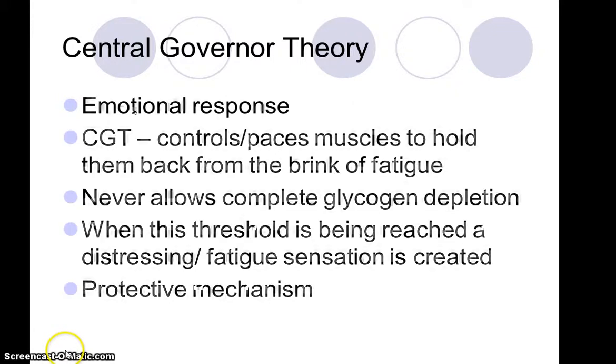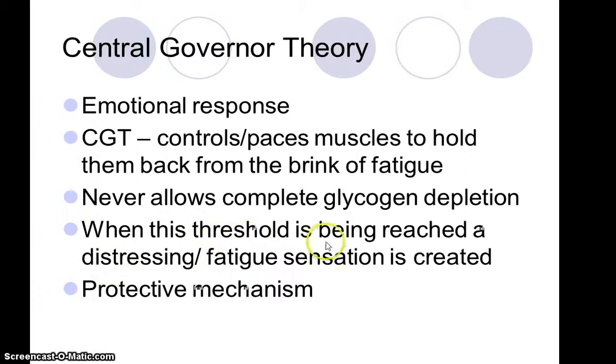So what we've got instead is the central governor theory claiming that fatigue is an emotional response. Alright, so the central governor theory here controls the pace of the muscles to hold them back from the brink of fatigue, and that's because there's a threshold that is reached around the complete glycogen depletion, and the central governor theory claims that we never get to that point.